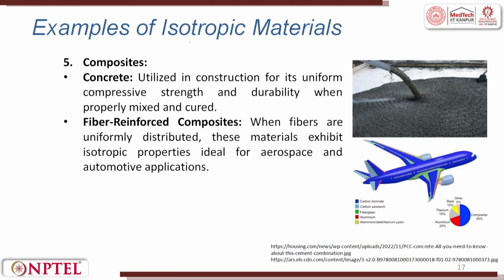Composites: concrete is a composite material. It is utilized in construction for its uniform compressive strength and durability when properly mixed and cured. Fiber reinforced composite: when the fibers are uniformly distributed, these materials exhibit an isotropic property, ideal for aerospace and automotive application.